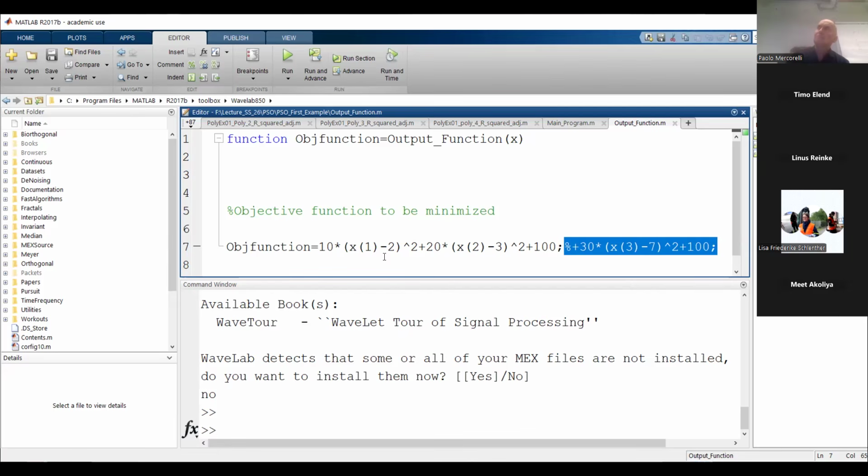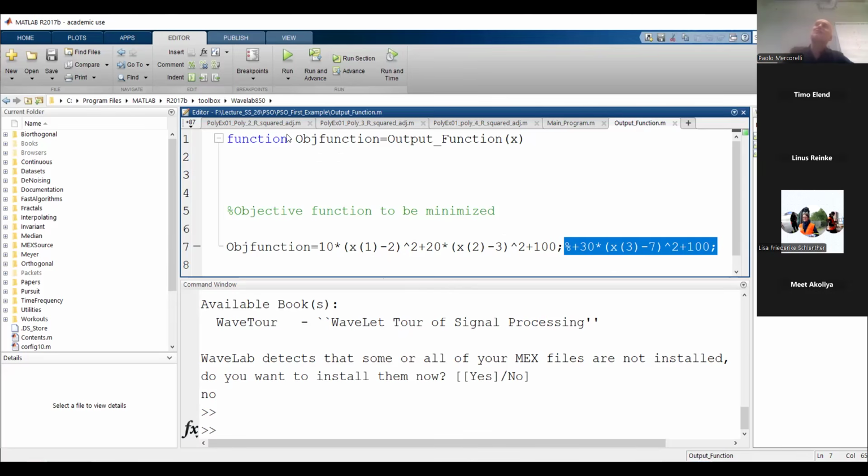Of course, the dimension of the problem, this means how many variables I have, x1, x2, x3, x4, depends on the problem which I have. Theoretically, infinite, or let me say an arbitrary number of parameters. This is a function we can see here.